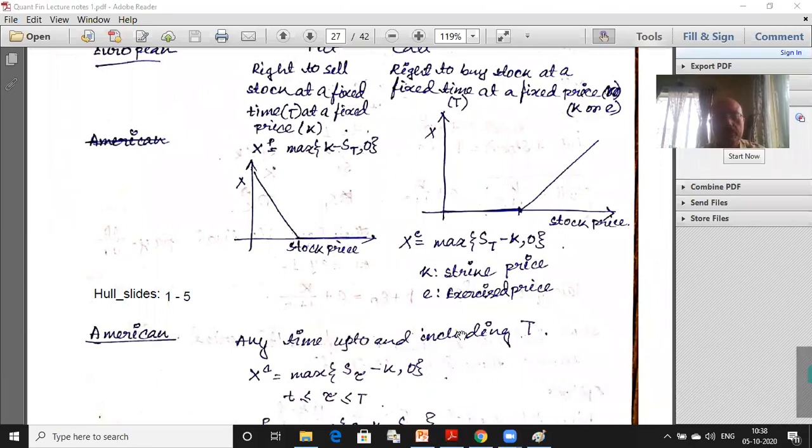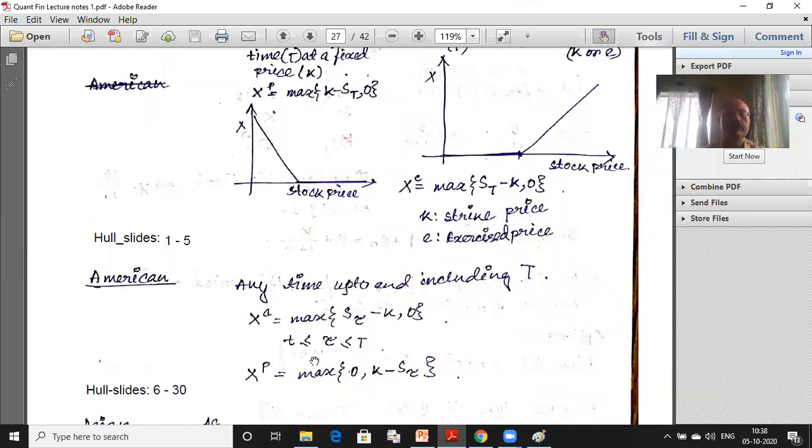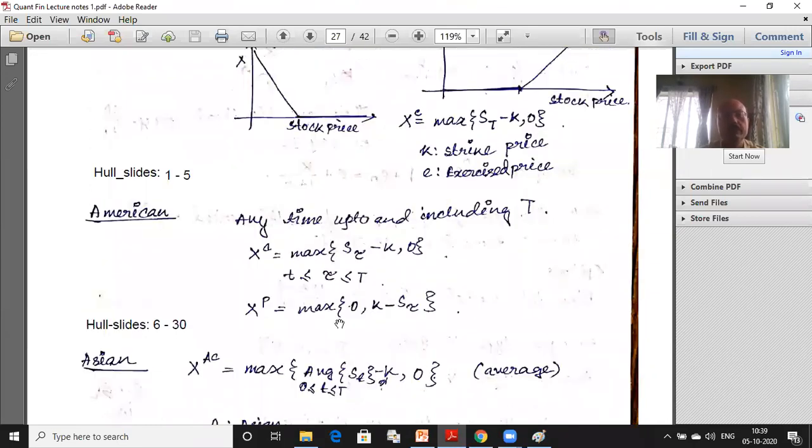So for the American option, your exercise window is longer. It is any time tau between small t when you are buying up to capital T. So the pricing will also be done differently because the maximization will have to happen over the whole range of the timeline.